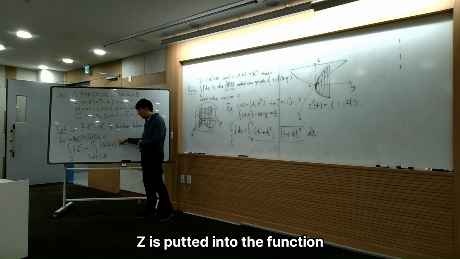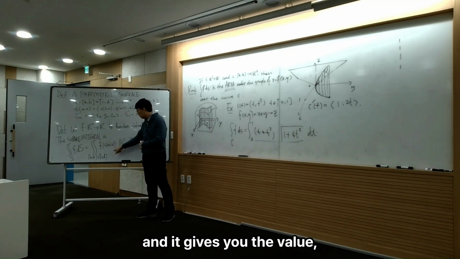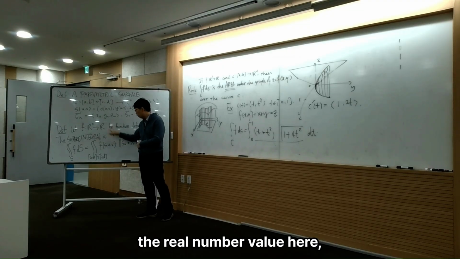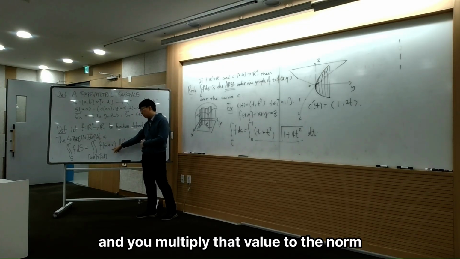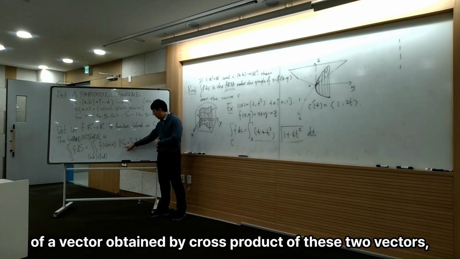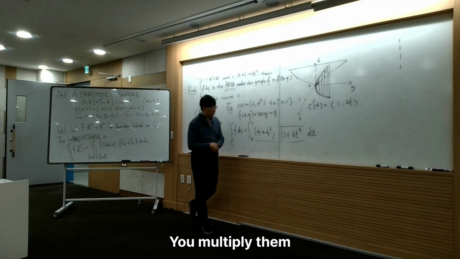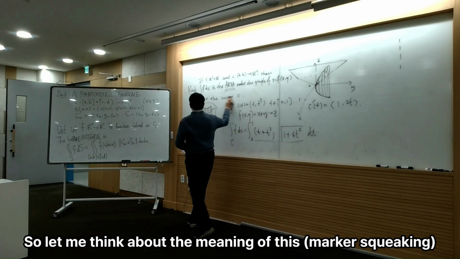This x, y, z is put into the function F, which is a function of x, y, z, and it gives you a real number value. And you multiply that value by the norm of the vector obtained by the cross product of these two vectors, S_u and S_v. Then you multiply them.